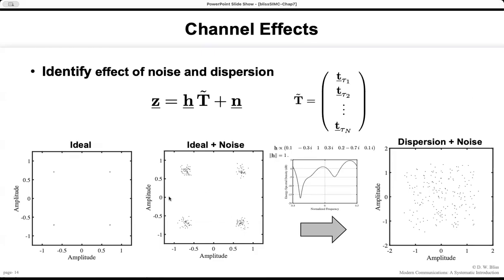But it's still pretty easy to figure out how to separate the different points in the constellation. If we instead take our QPSK, run it through this channel, and then add noise, what we see is the plot over on the right, and you can see that it's basically uninterpretable. It's a big mess. And so that's our problem. We have to figure out how to deal with that.